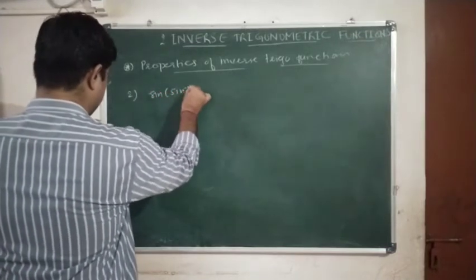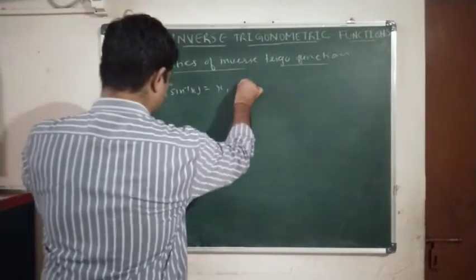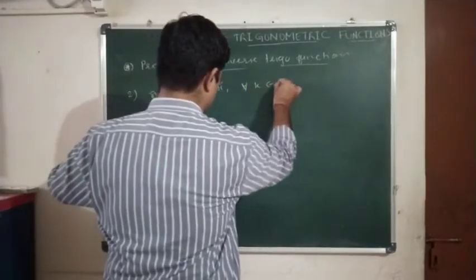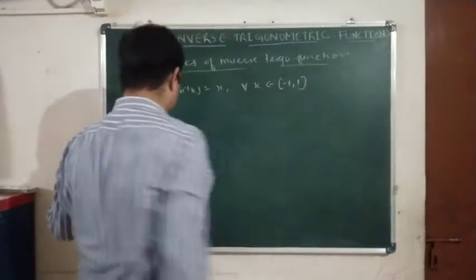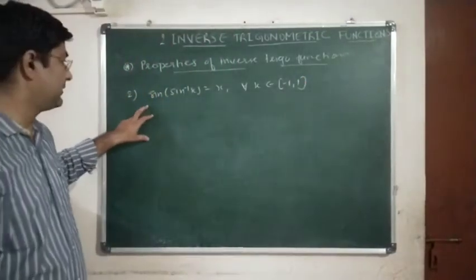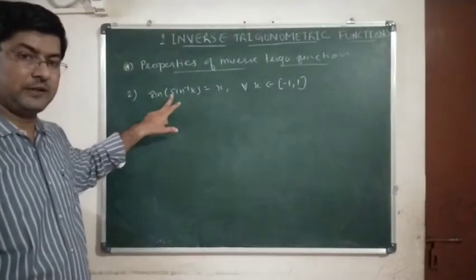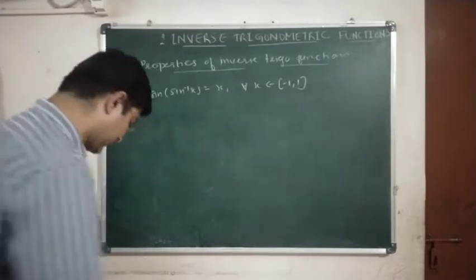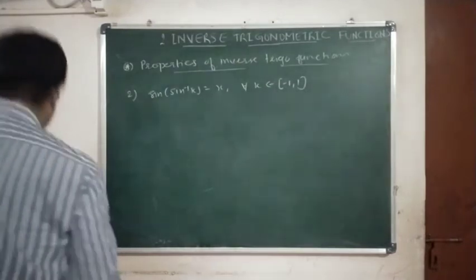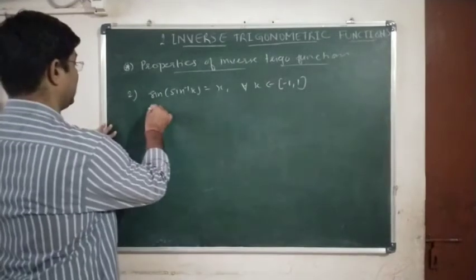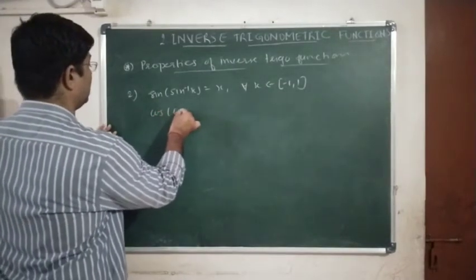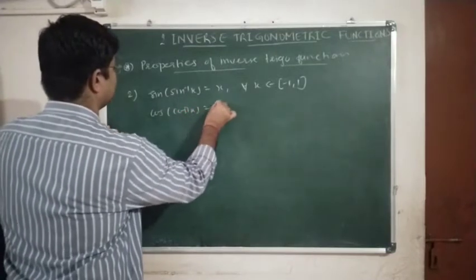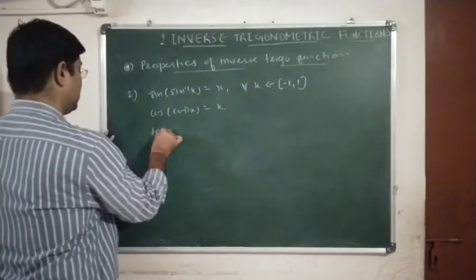Sine of sine inverse x is equal to x for all x belongs to -1 to 1. Okay, this also we have seen that f of f inverse of y is equal to y. Yes or no in the beginning. So this is the same property. Similarly, we can write for cos of cos inverse x is equal to x.